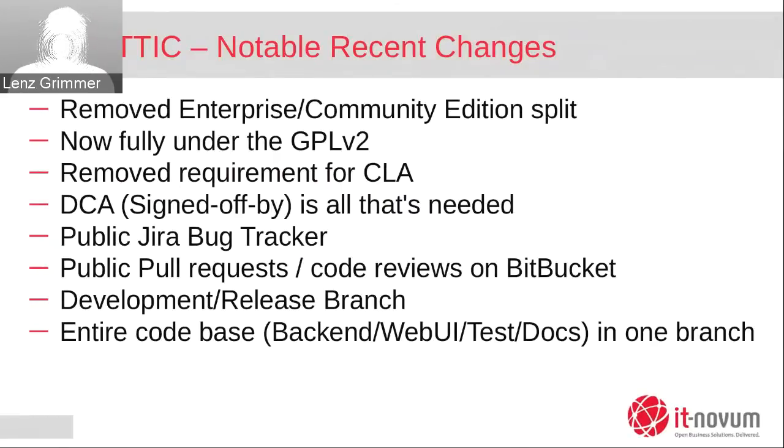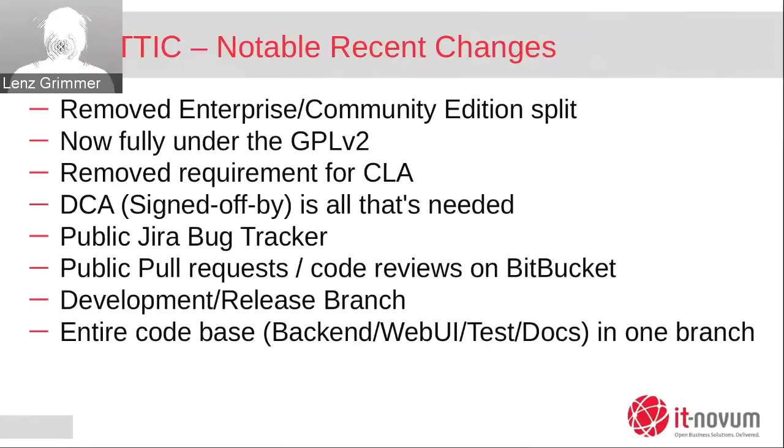We now have what we call the release or default branch, which is supposed to be always in a stable state where all tests pass, and we could at any point in time cut a release by being pretty confident that it has no regressions or serious issues. Most of the development takes place in the development branch.